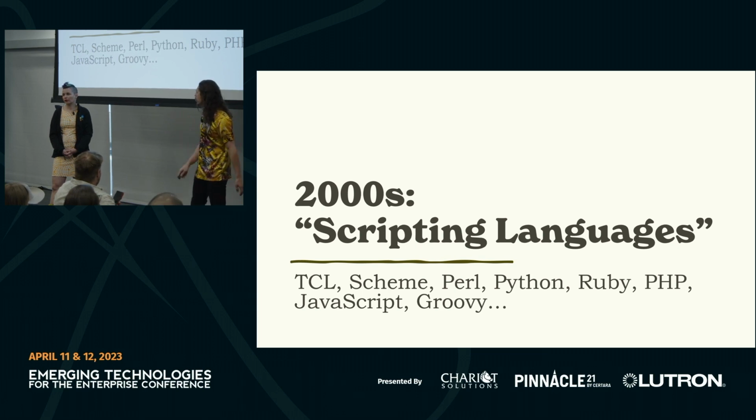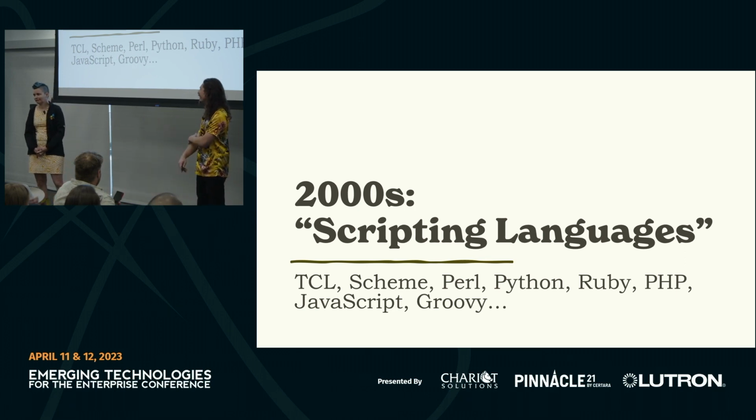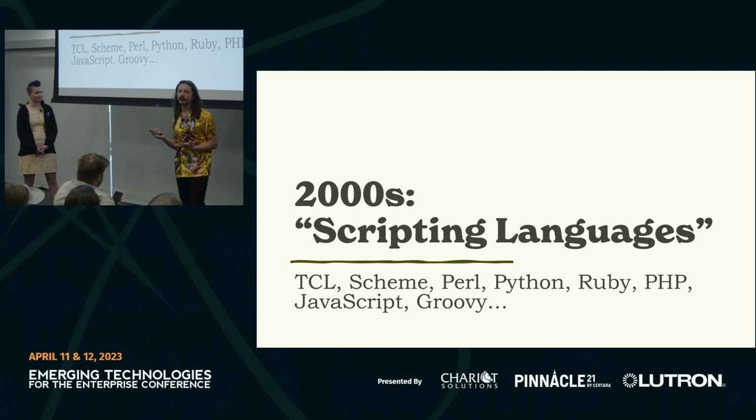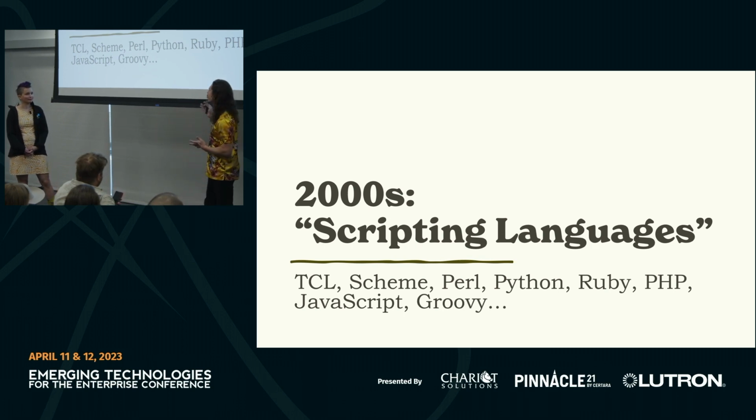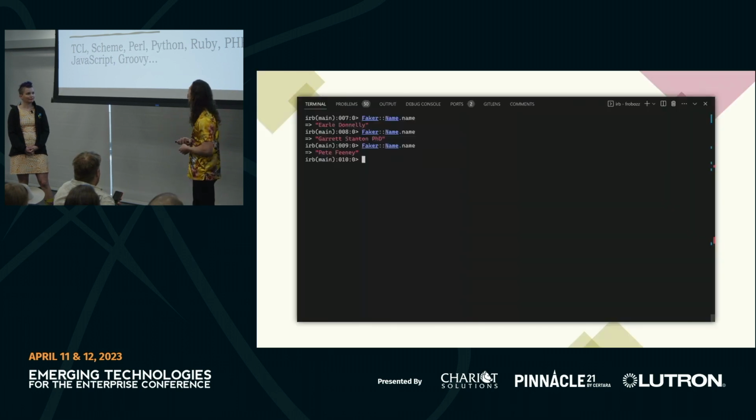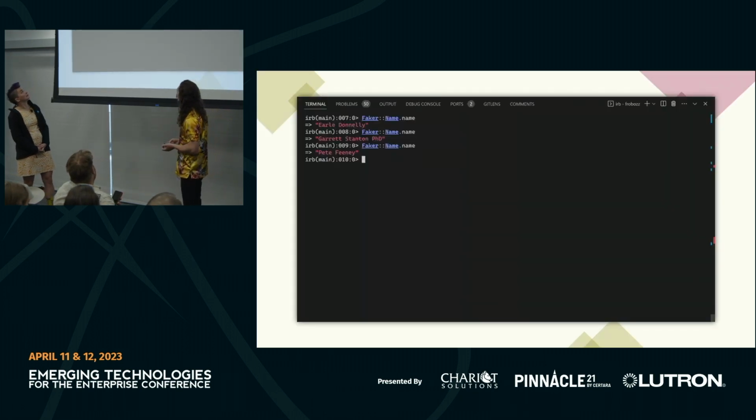It didn't make you create a class and public static void main. And this was one of the huge draws. I kind of came of age while these were becoming popular, and that was one of the huge draws, these REPLs.